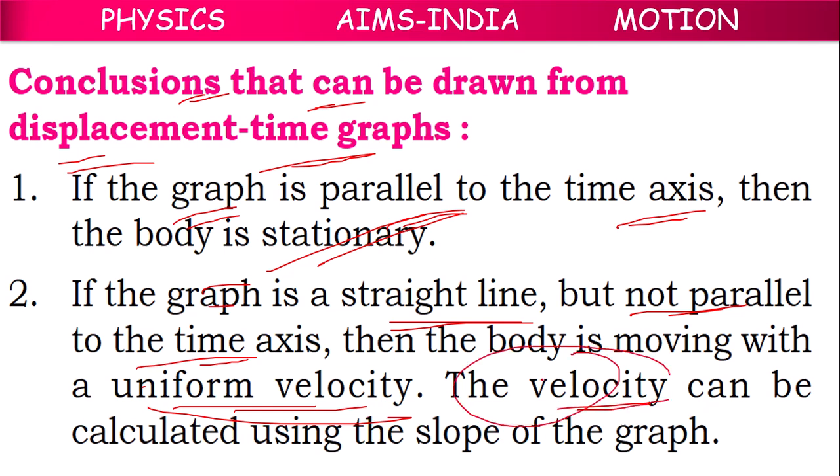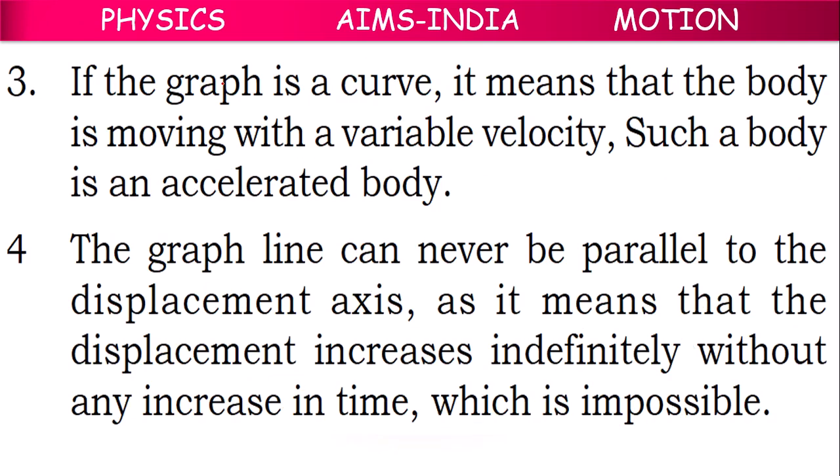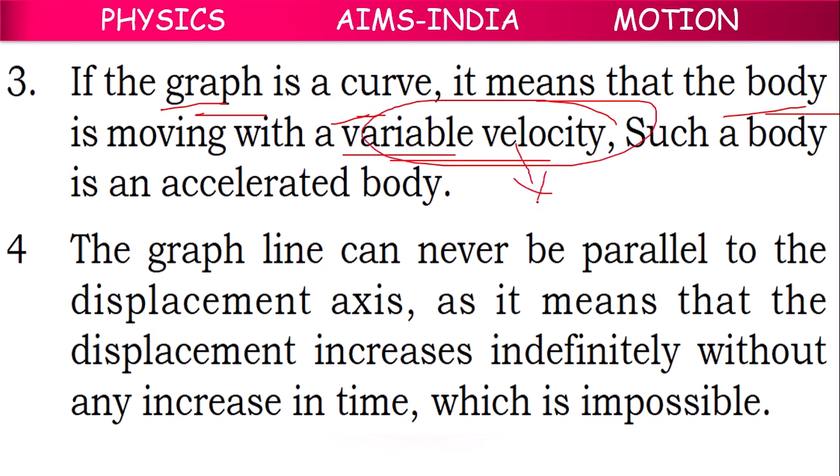That uniform velocity can be calculated with the slope of the graph. If the graph is curved, it means that the body is moving with variable velocity. Velocity is changing, so there will be acceleration. We can call the body an accelerated body.